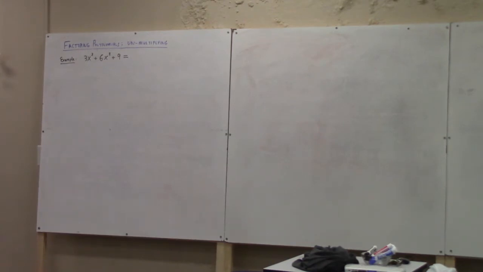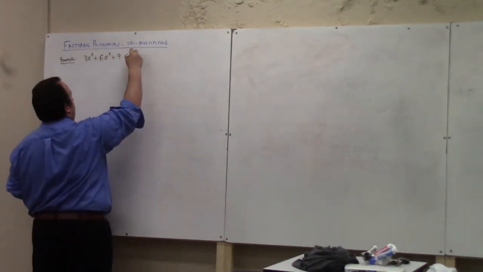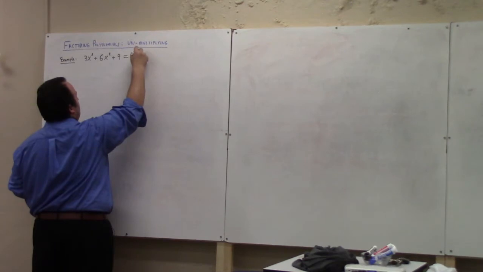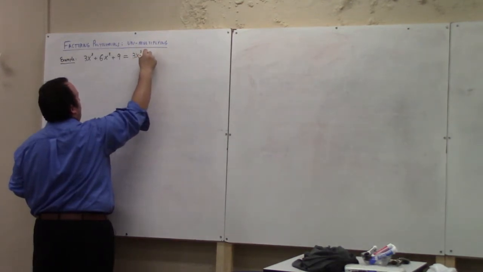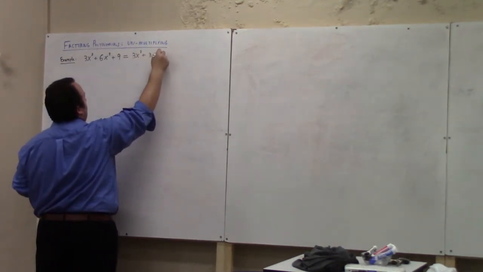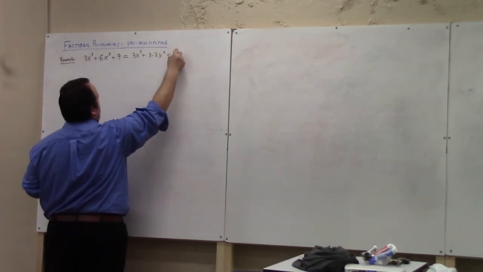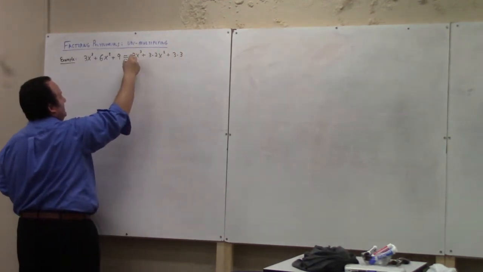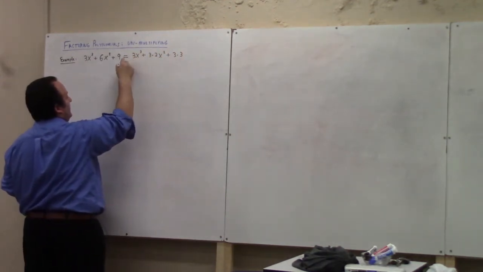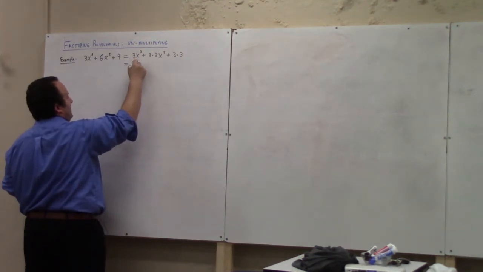If we've got a common number, this is really 3 times x cubed plus 3 times 2x squared plus 3 times 3, if you look at it, right? So there's this common 3 everywhere. So by algebra, we can factor that 3 out.